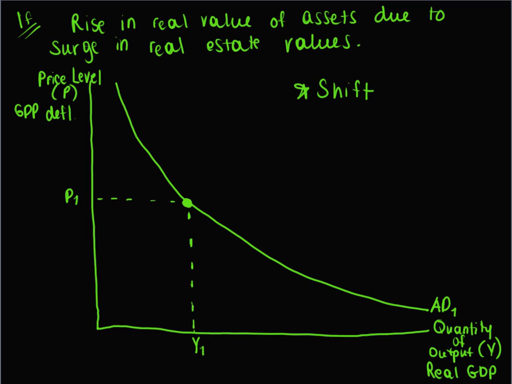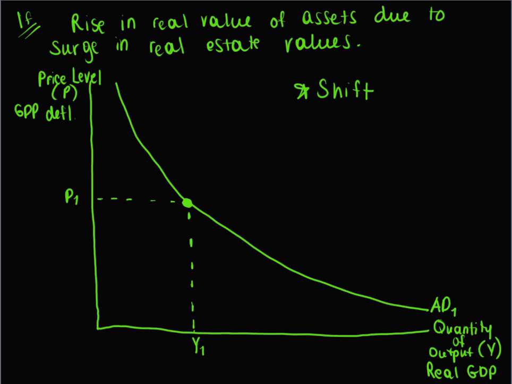So when the rise in the real value of assets comes as a result of the surge in real estate values, we should see an increase in aggregate demand. People are able to borrow more, the amount of money in the economy increases, and there's greater aggregate demand as a result.